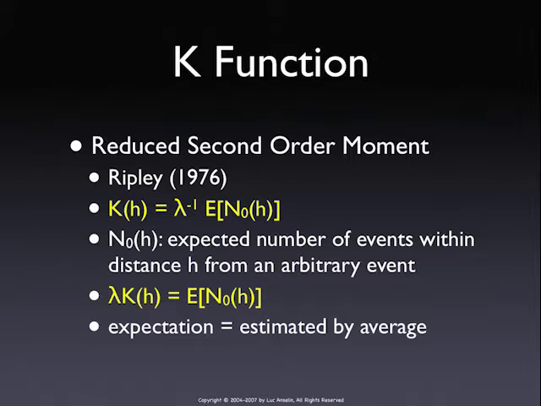It's the ratio of the expected number of events within a distance h from any arbitrary event to the intensity of the process. The reason this is done is to scale. You'll see later why. It's just this lambda is in there to make things more tractable.